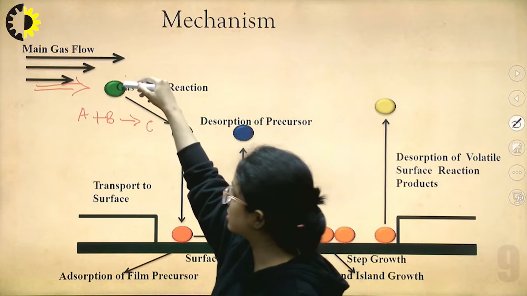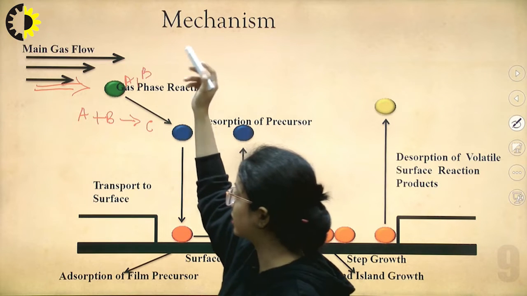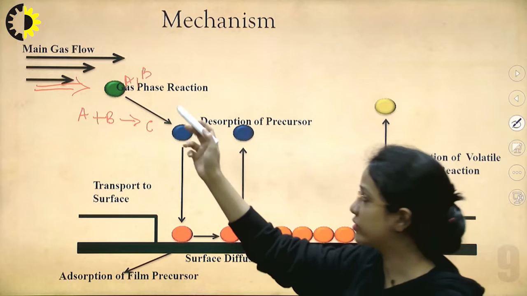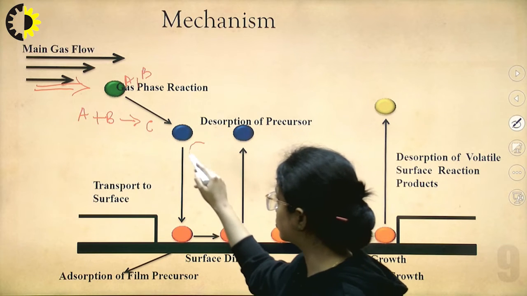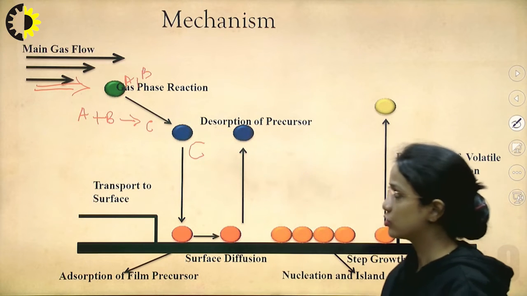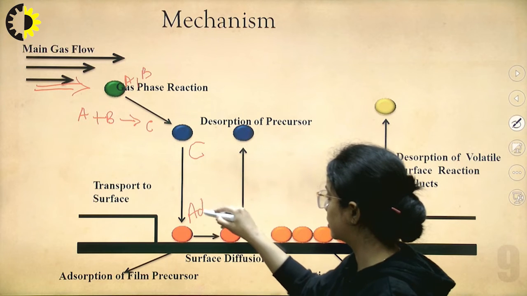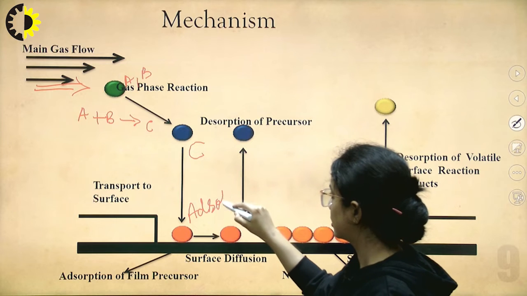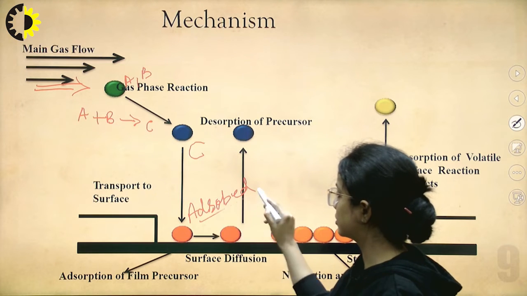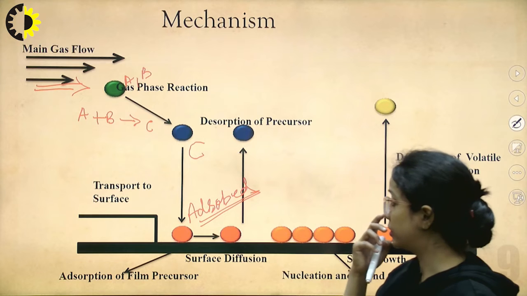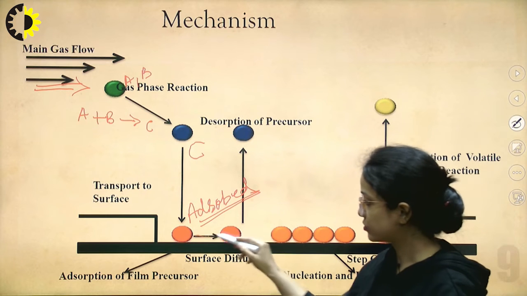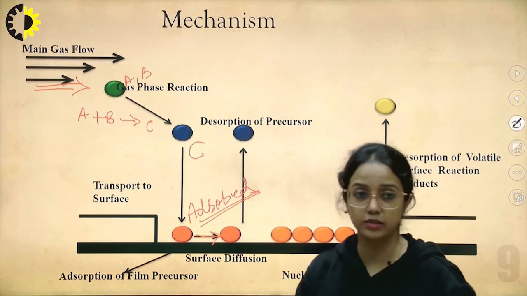This can be A or B, any of them. After combination, the most suitable molecule is C, and this C is to be adsorbed. Here we can see it is adsorbed on the surface.